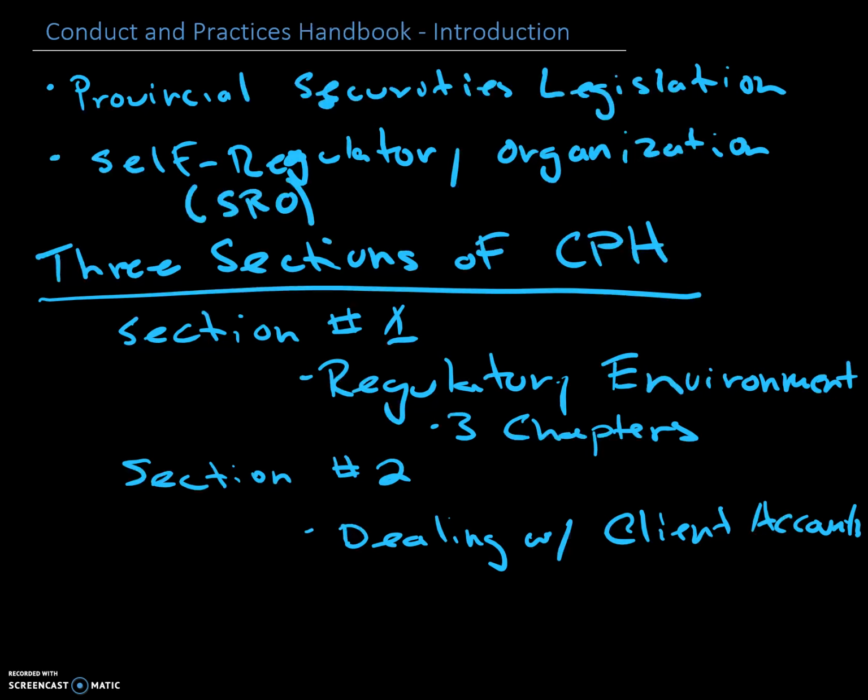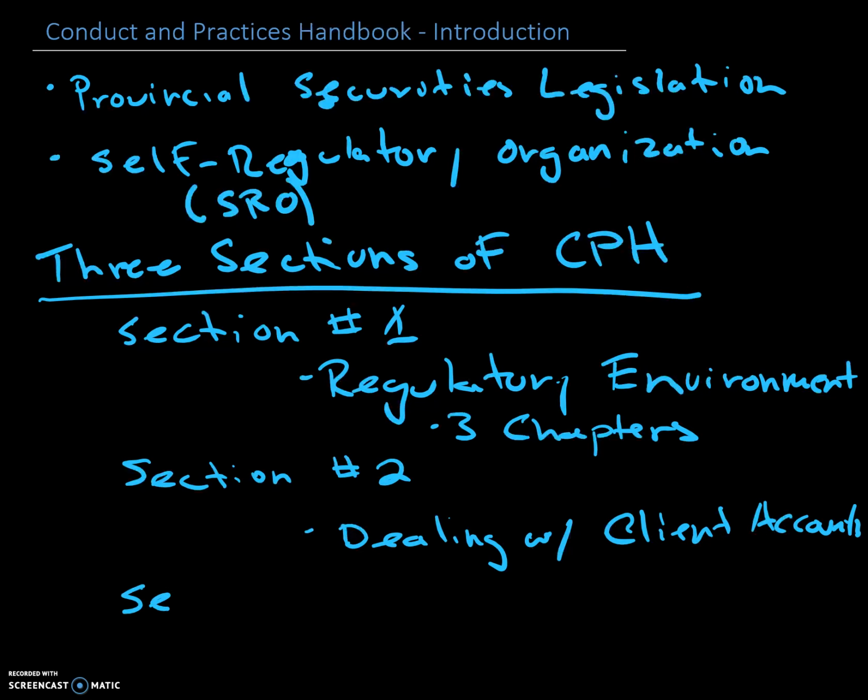There are certain regulations that correspond to how you can deal with those and some minimum standards that must be met, and also communication with clients. There are 5 chapters covering dealing with clients, and this is really going to be the meat of the CPH book itself.